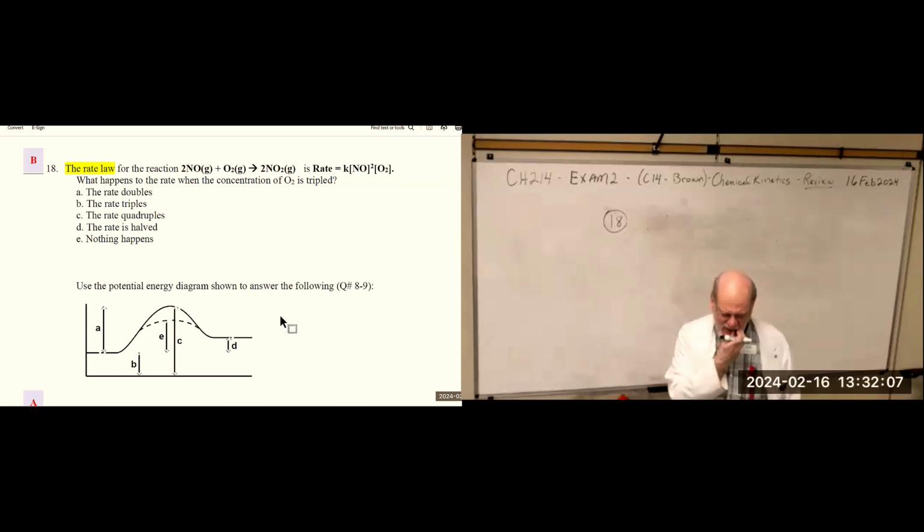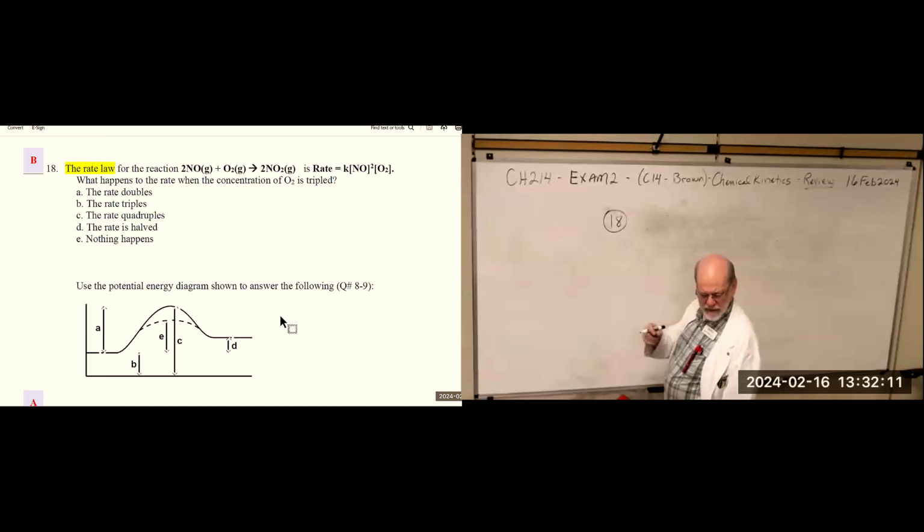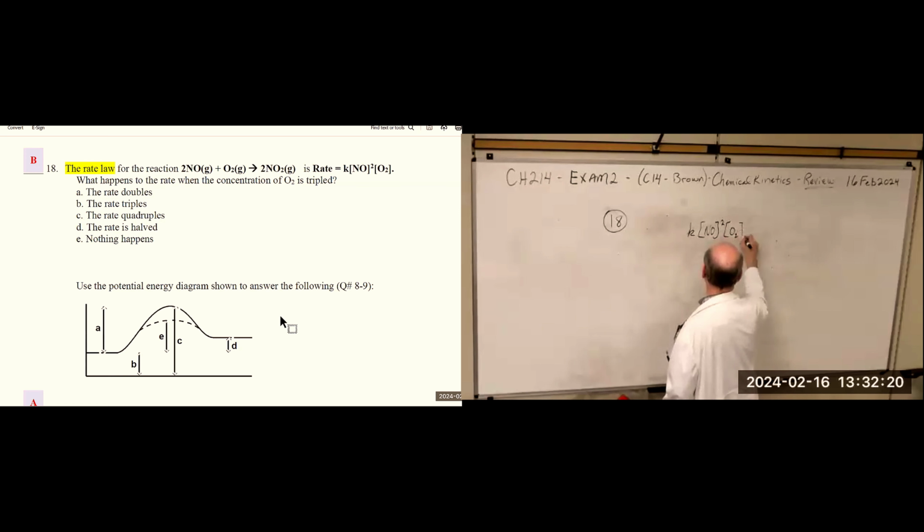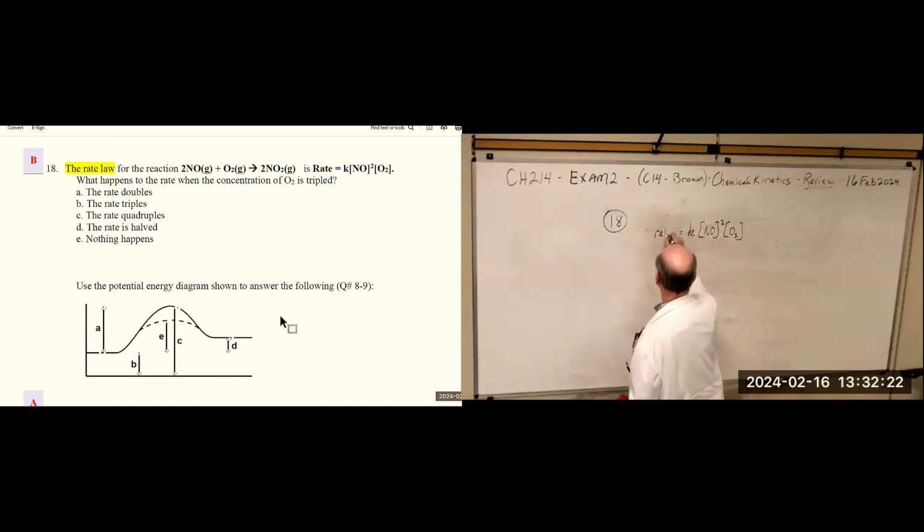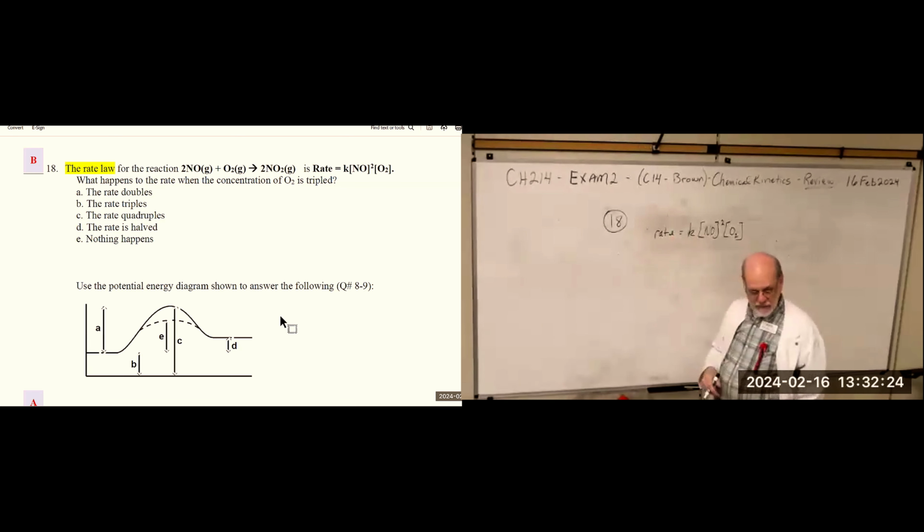Okay, 18. The rate law for this reaction is rate equals k[NO] squared [O2]. What happens to the rate when the concentration of O2 is tripled?